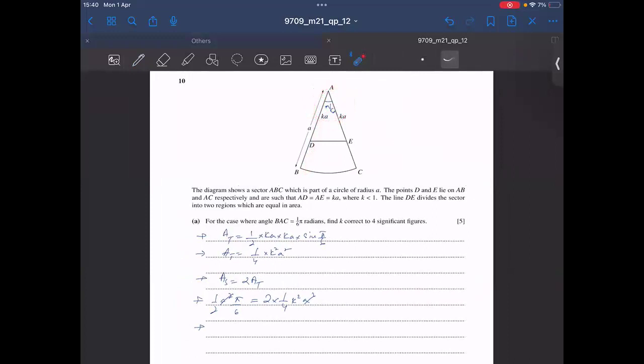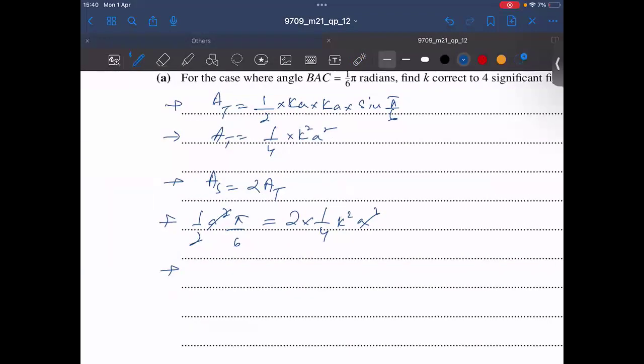Sir, won't this be the area of the whole sector? Yes, that's what I'm saying: the area of the sector is 2 times the area of the triangle, because these two areas are equal. So all this is going to get cancelled, and K is going to be pi by 6.